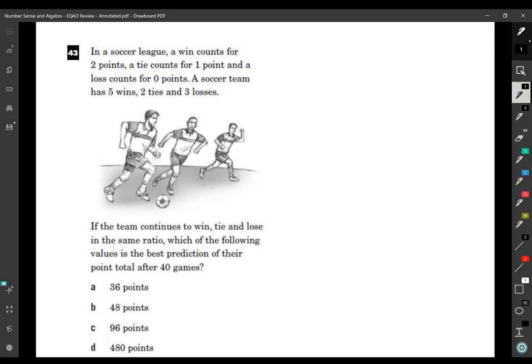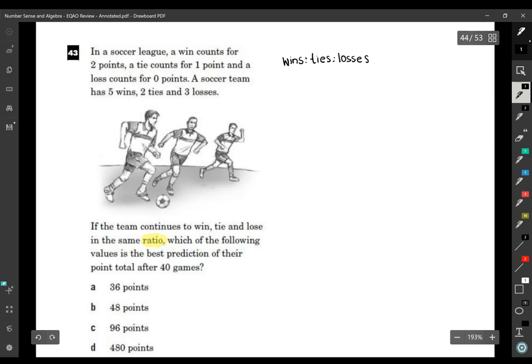Okay, so this question has a lot going on in it. So I'm going to highlight the word ratio. Ratio is a comparison of 2 or more quantities. So we have a ratio of wins to ties to losses.